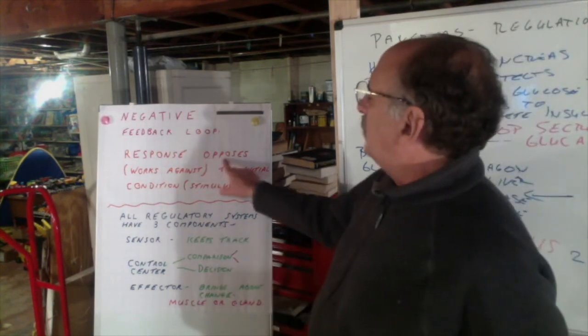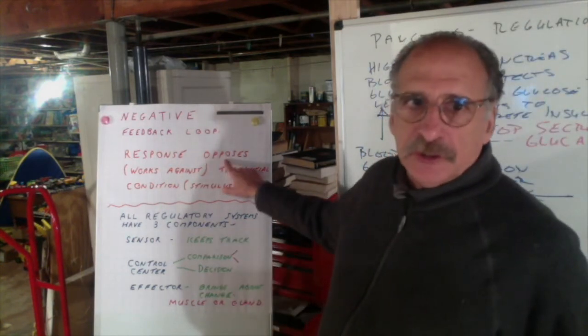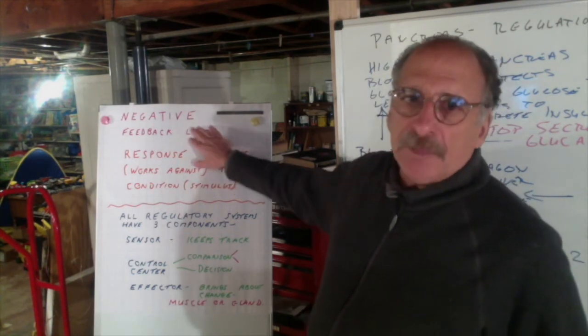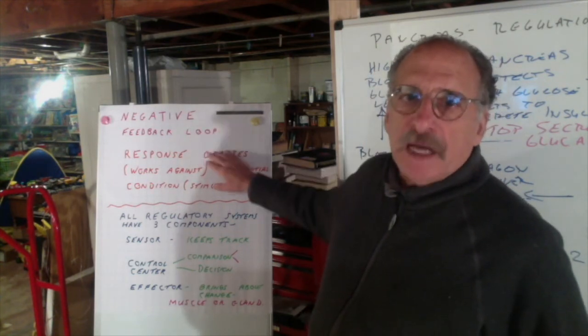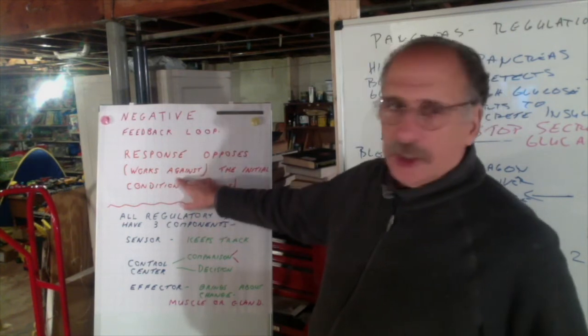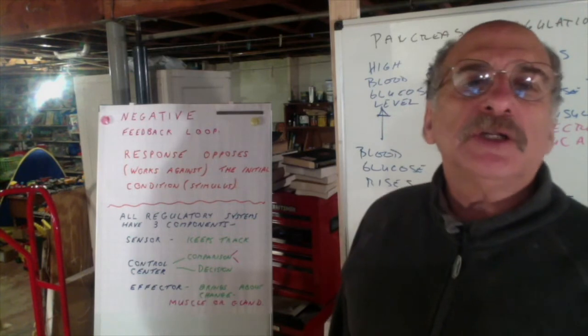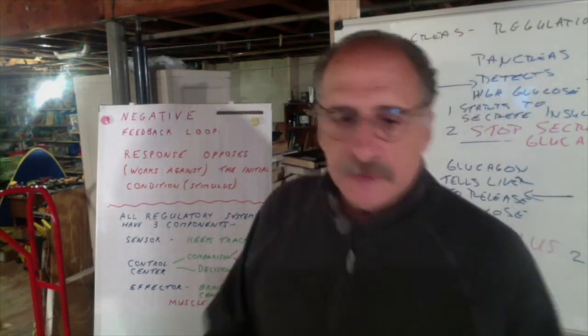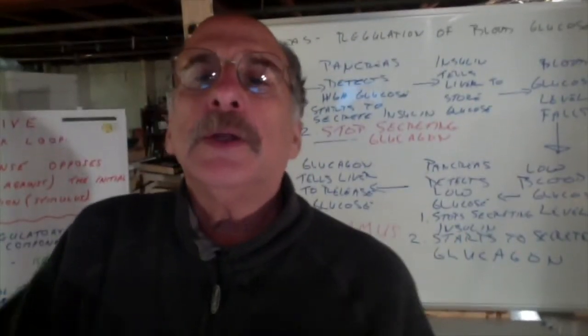So the response opposes the initial condition. The initial condition was a high blood glucose. The response was to make it go down. That's opposing or working against the initial condition. So let's go over that in this diagram.